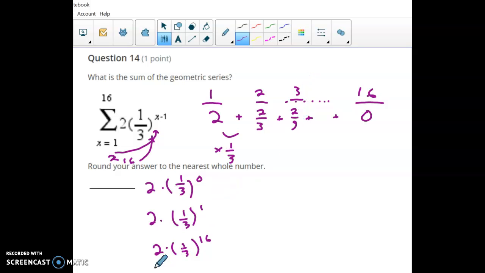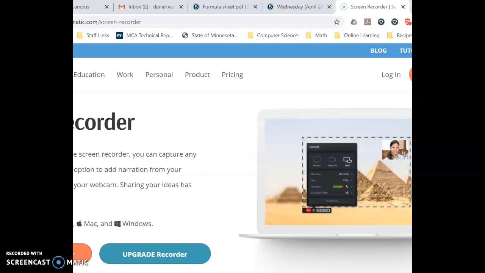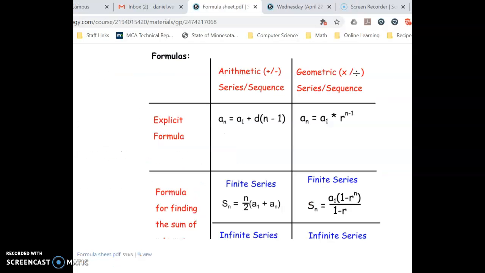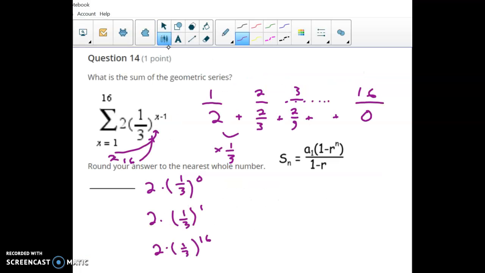All right, so as far as finding the actual sum, I'm going to go back to our formula sheet. We have a geometric series and we're trying to find the sum, so we're going to use this formula, where a1 is the first value, r is the rate, which is 1/3, and n is how many terms we have. All right, so I think we have everything we need. We have 16 terms.